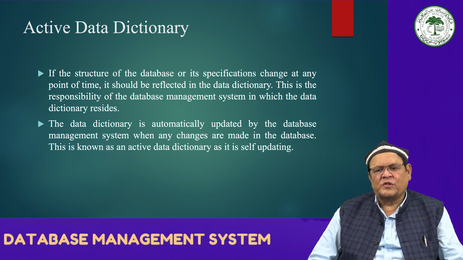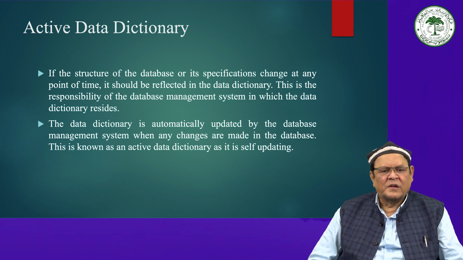This is the responsibility of the database management system in which the data dictionary resides. The data dictionary is automatically updated by the database management system when any change is made in the database. This is known as an active data dictionary as it is self-updating.